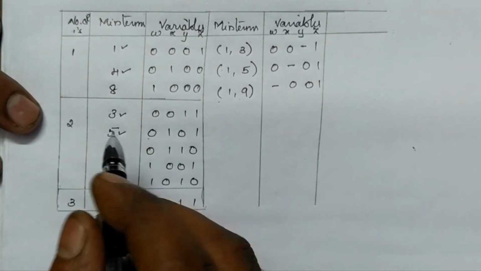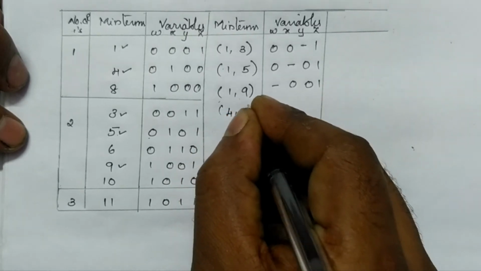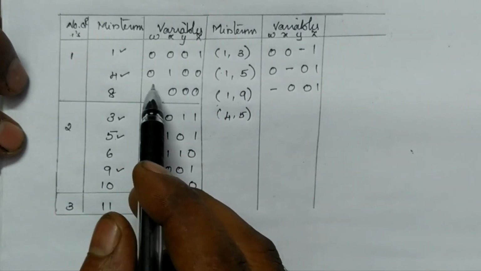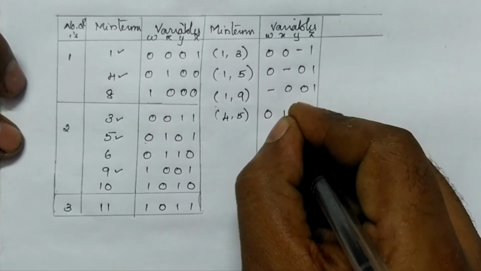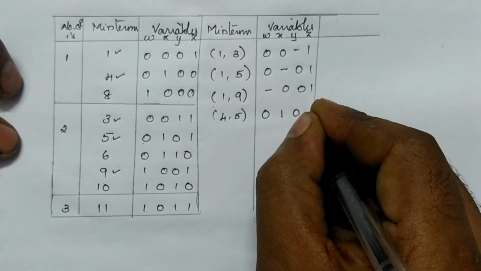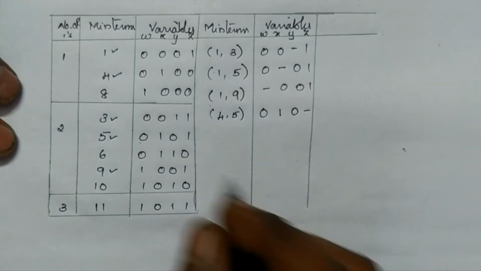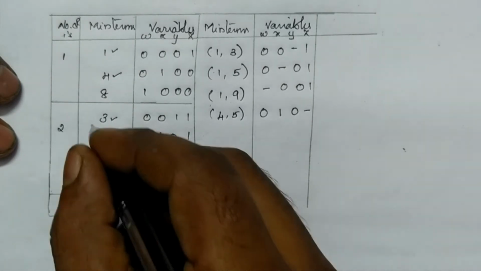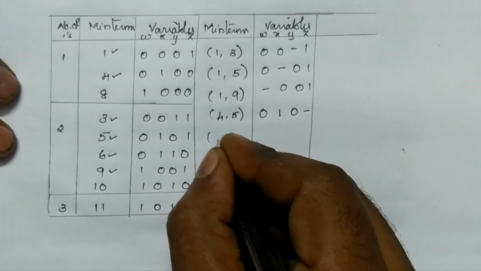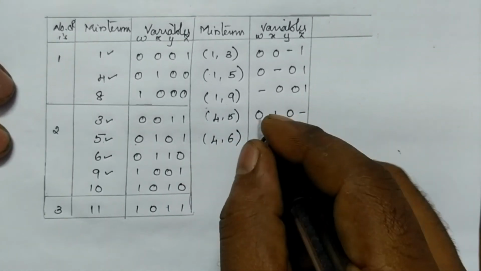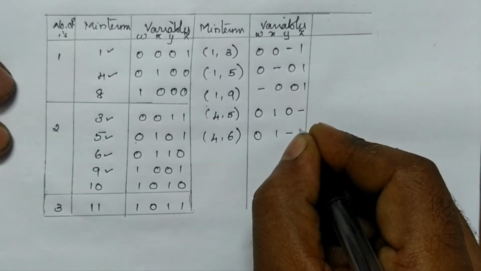So 4 and 5 becomes 4, 5, where the first three bits are same and the fourth bit has a 0 1 change, so it is a dash. Likewise 4 and 6 is possible, therefore we make a tick mark at 6. The values are 4, 6 and 0 1 dash 0.